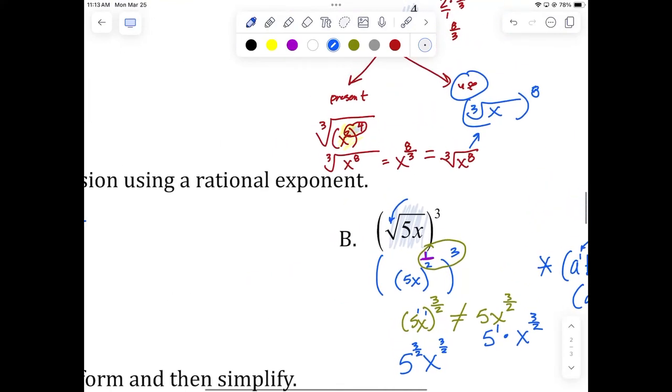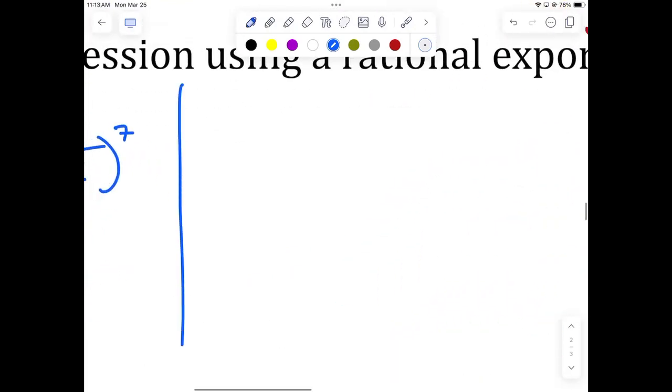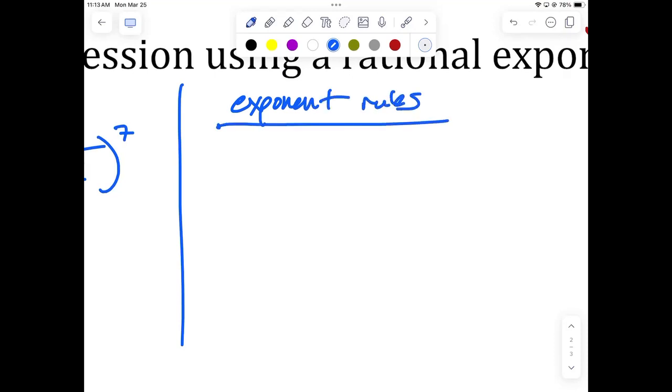Let's review those rules of exponents since they've been coming up. Exponent rules. First of all, we have x to the a times x to the b. When you're multiplying and the bases are the same, what do we do with the exponents? We add them. That's a plus b. Now let's do division.